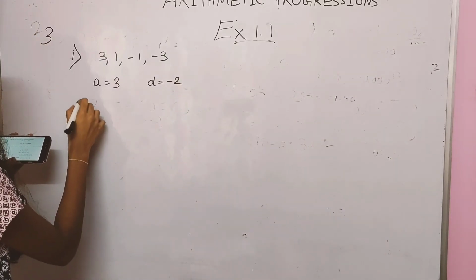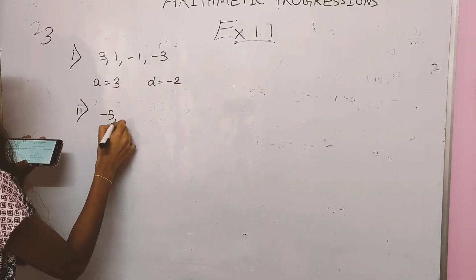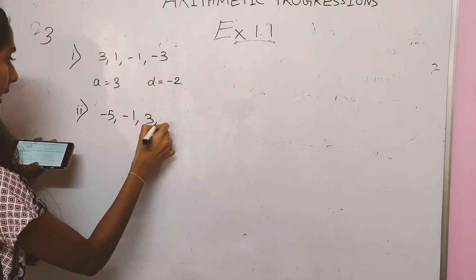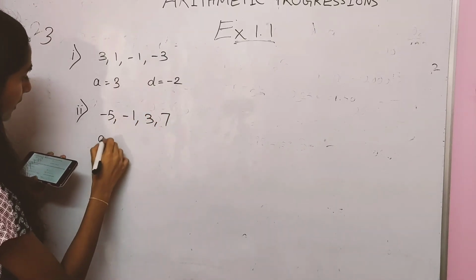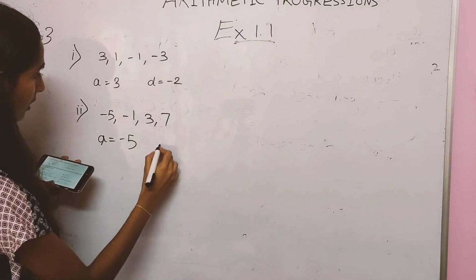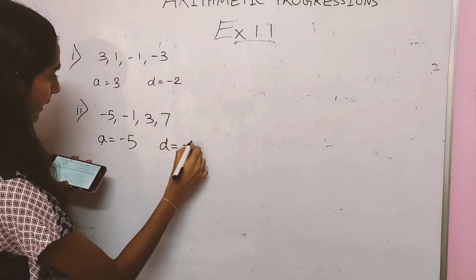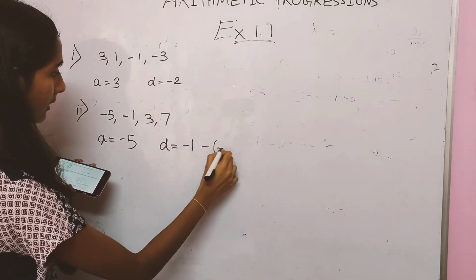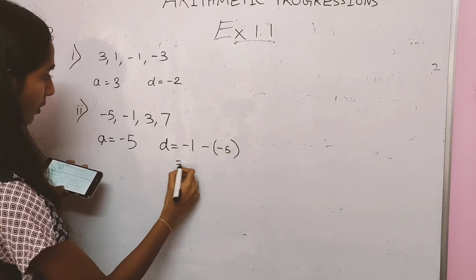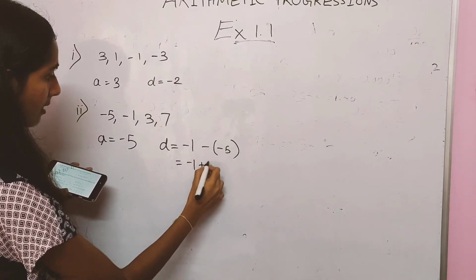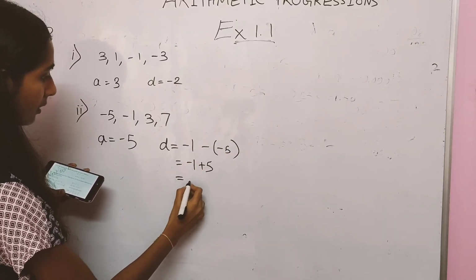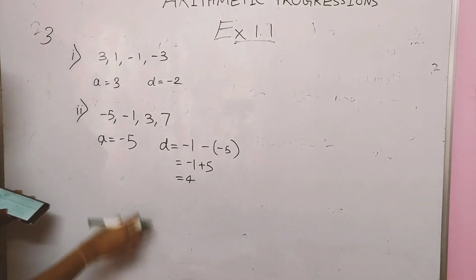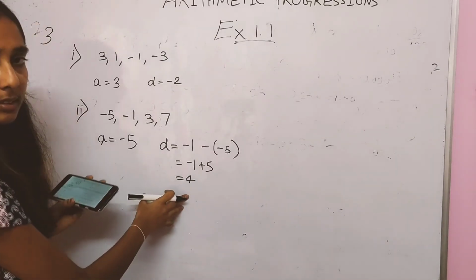Second one, minus 5, minus 1, 3, 7. First term is minus 5 and the common difference is minus 1 minus of minus 5. Minus into minus is plus, 5 minus 1 is 4. So the first term is minus 5, common difference is 4.